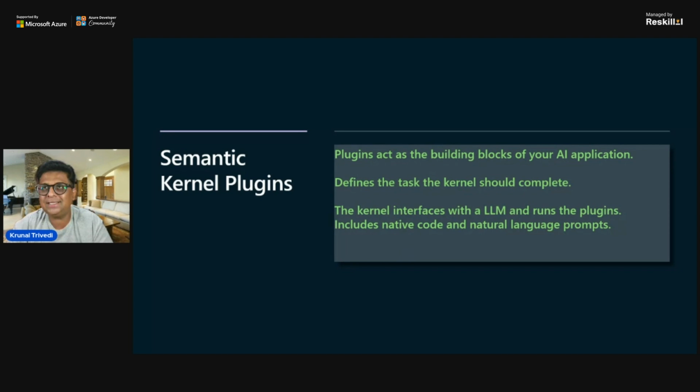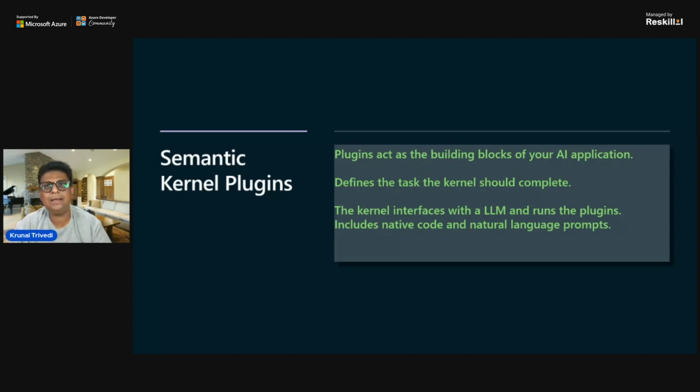So when you use this semantic kernel SDK, plugins act as the building block of your AI application. It defines the task you are going to complete and allows you to connect to LLMs. Your plugins can include native code and natural language prompts, and allow you to use a Gen AI platform to perform a wide variety of tasks.